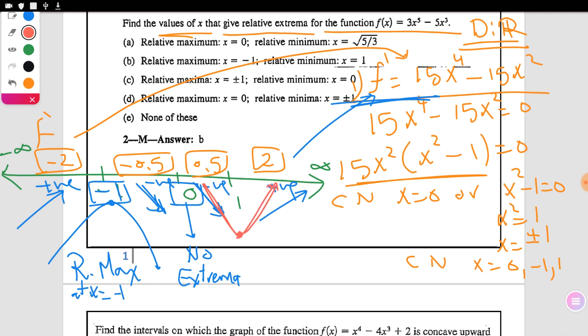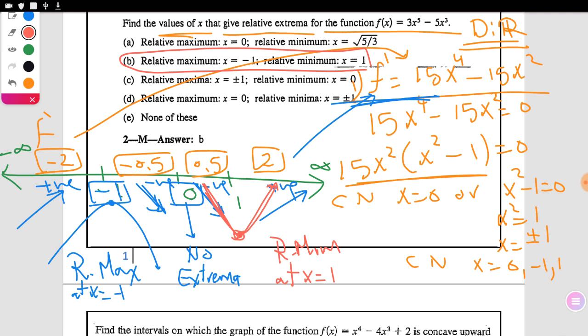This point is where it decreases until it reaches the least value, which is the minimum. So relative minimum at x equal 1. So the result: relative maximum at -1, relative minimum at x equal 1. That is why we choose B. I hope you understand.